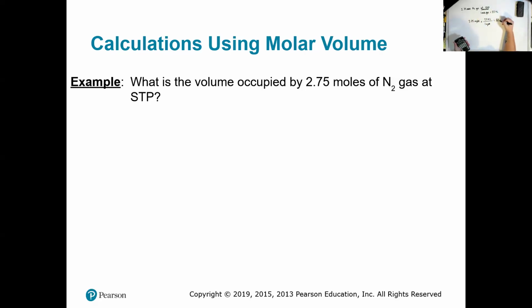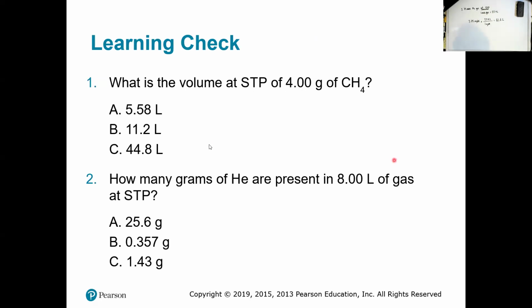At standard temperature and pressure, my 2.75 moles of gas is going to occupy 61.6 liters of volume. Okay, let's take a look at the next question. Double question: what's the volume at STP of 4 grams of methane, CH4? And then how many grams of helium are present in 8 liters of gas at STP?